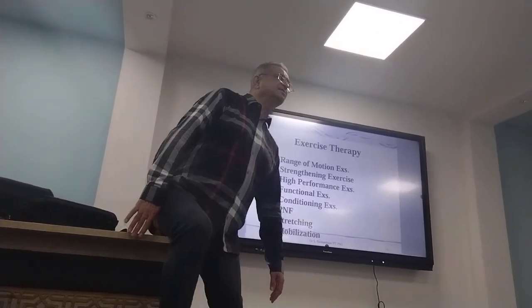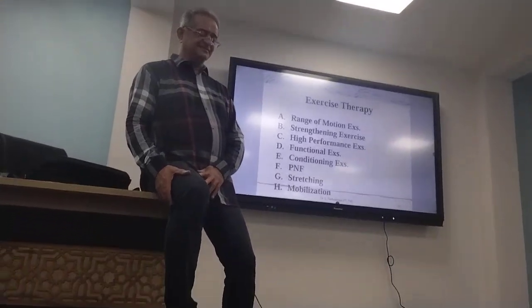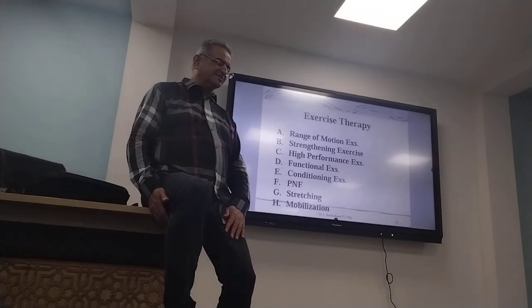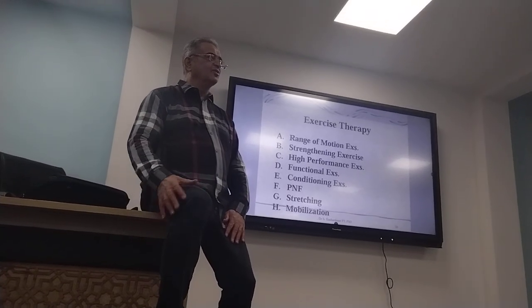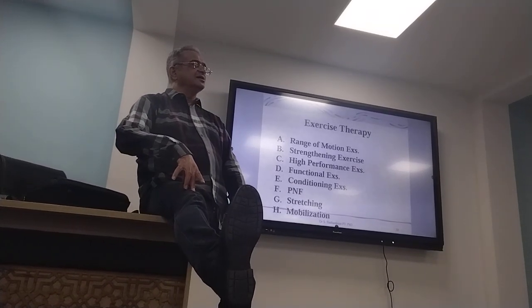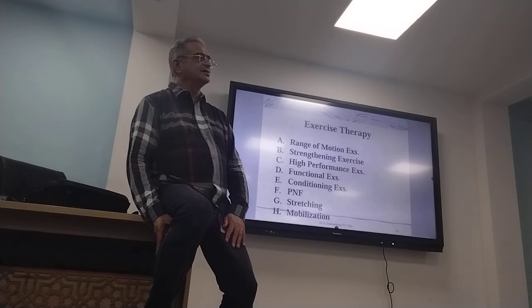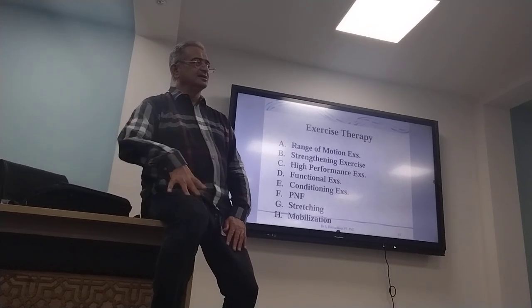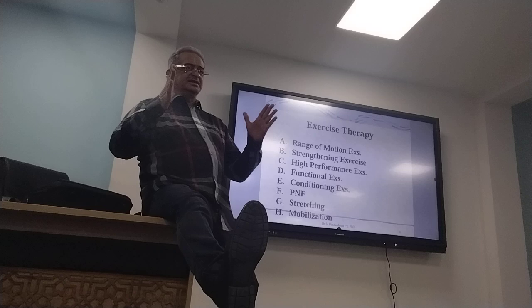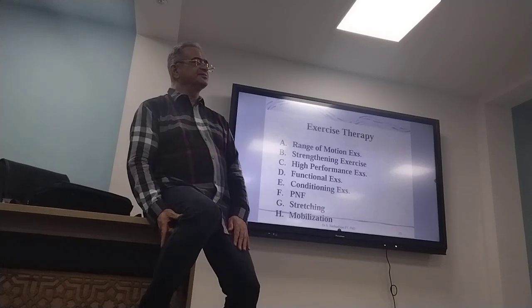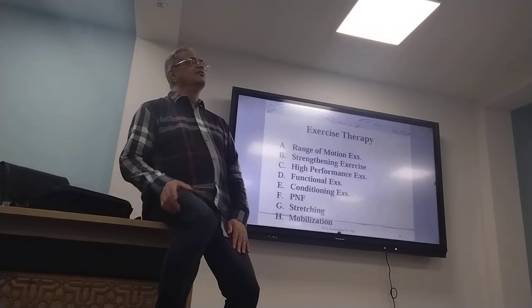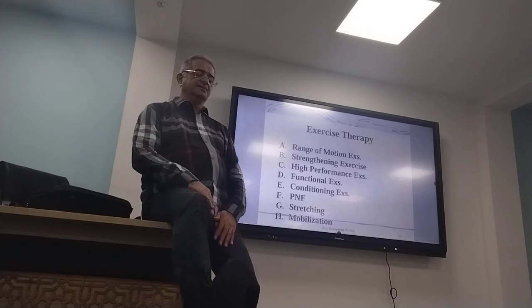Both of them are flexion of the knee. Okay? It's flexion. Concentric for quadriceps, concentric for hamstring. Concentric for quadriceps, it's shortening. Concentric for hamstring. What about lengthening?